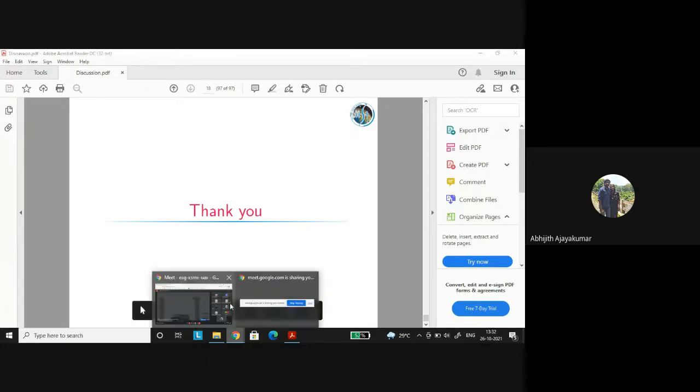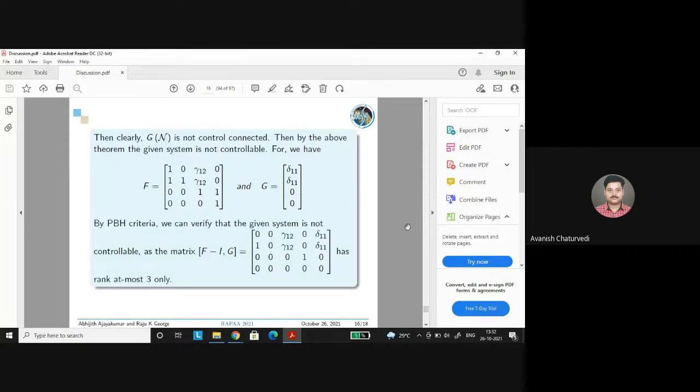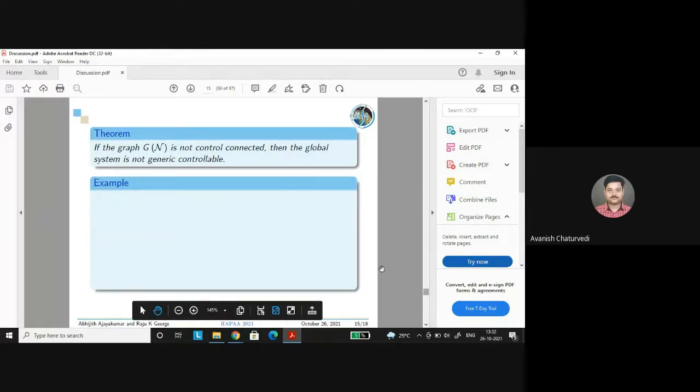Sir, generic controllable means that for some numerical realization it should be controllable; this matrix must have full rank. You have considered some examples which are not, so I am asking whether you have any example in support of that, where the system is generically controllable. Sir, I have, but I have to write it. Okay, it's okay, thank you very much.